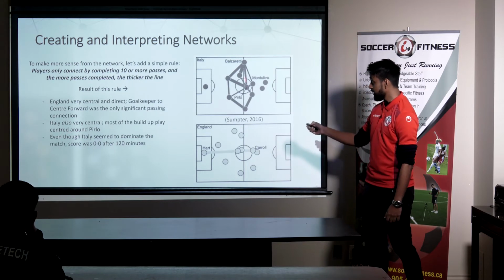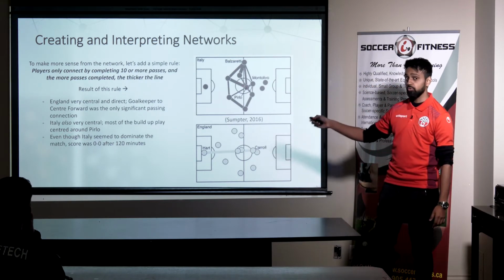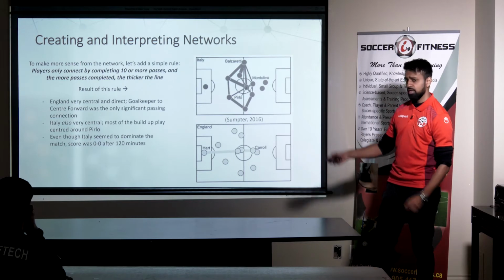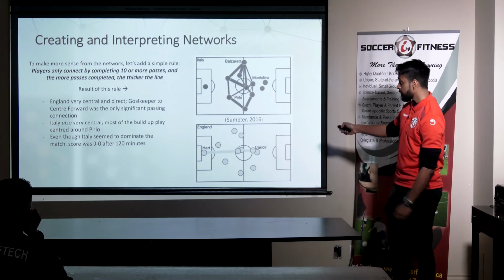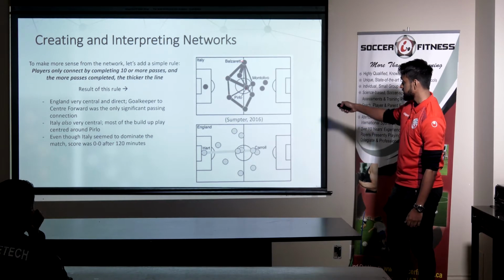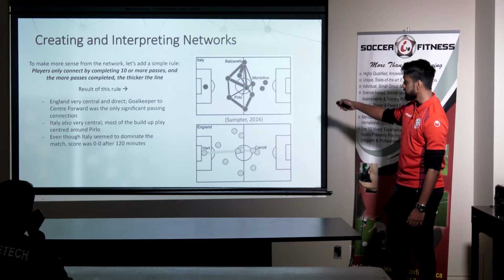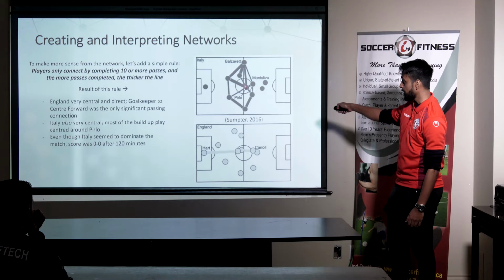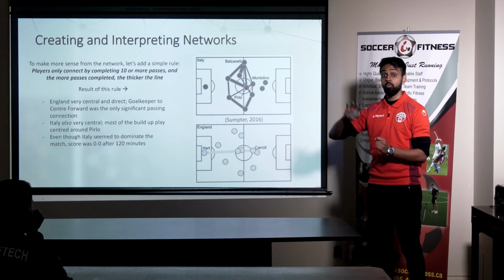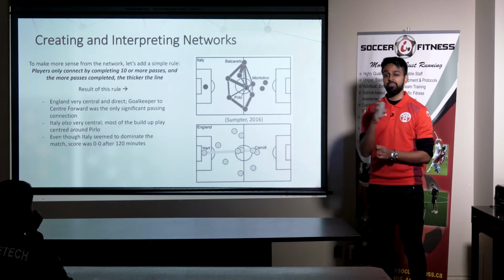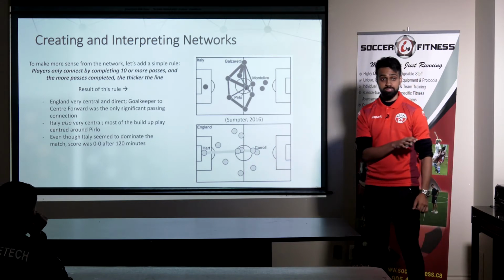Italy, interestingly enough, even though they have a spread out looking network in midfield, were also what you'd call very central. What that means is, sure, you've got Balzaretti and Montolivo with these connections going all the way through, but Pirlo was the guy that had significantly more passing combinations than any other player on the Italian side.